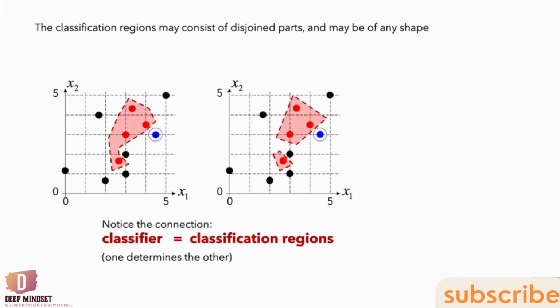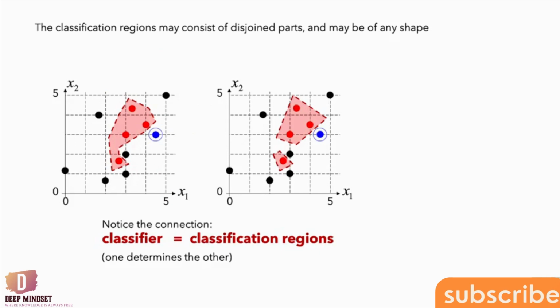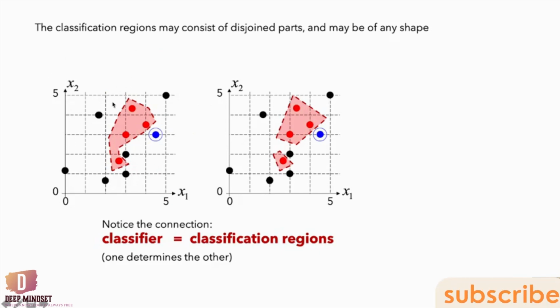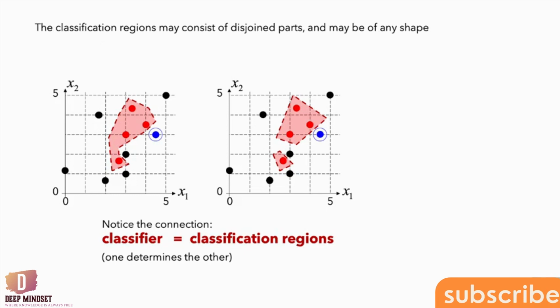Class black, class red. The classification regions may consist of disjoint parts, and they may be of any shape. So here you can see the shape. It's no longer like a line, and you got two areas that's quite clearly separated.